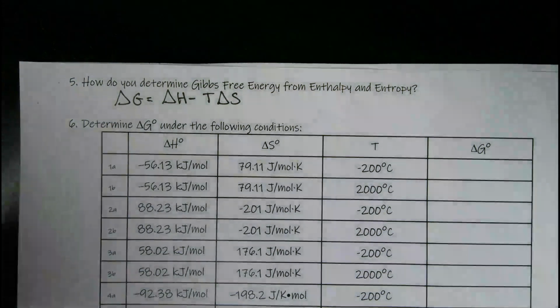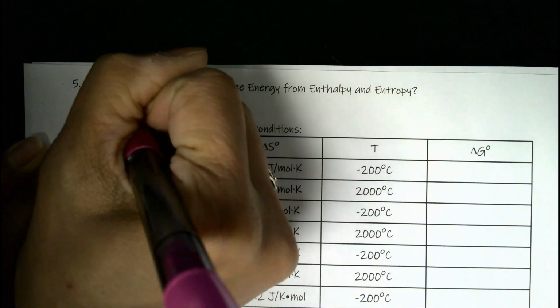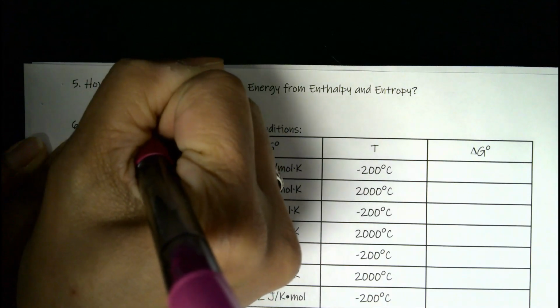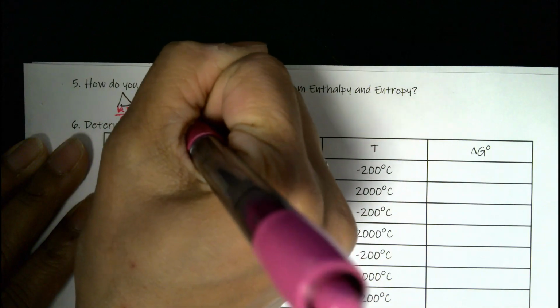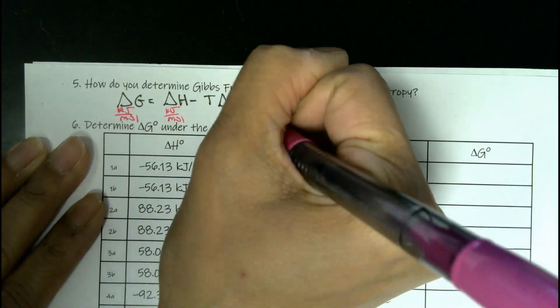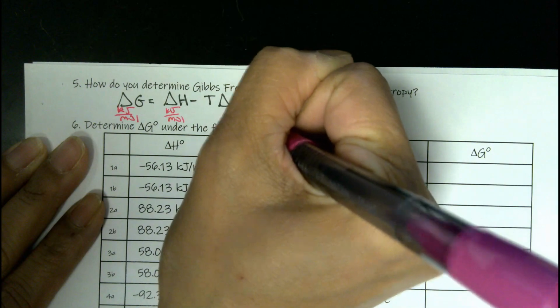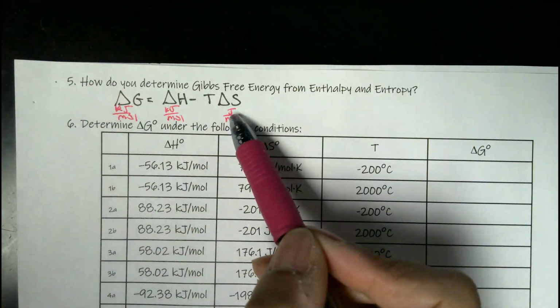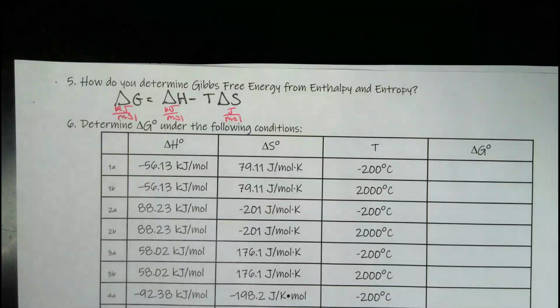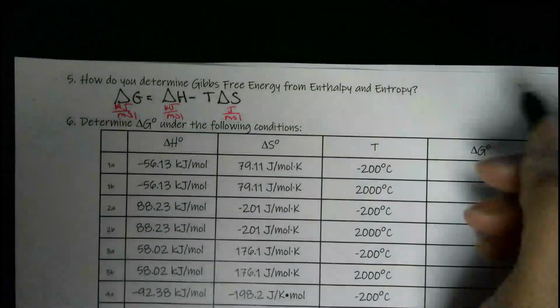Sorry for that. Okay, cool. So this unit is usually in kilojoules over mole. This unit is usually kilojoules over mole. Delta S is usually in joules over mole. So you'll have to convert delta S into kilojoules or convert these two into joules, whichever one is best for you.